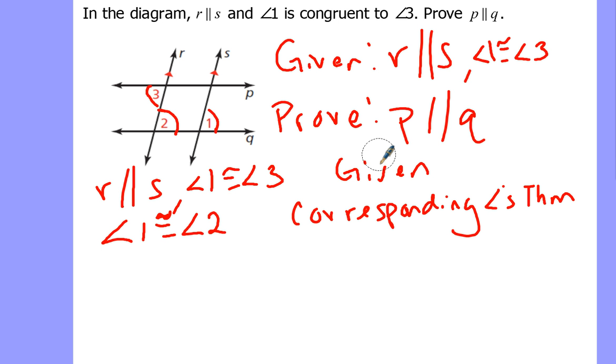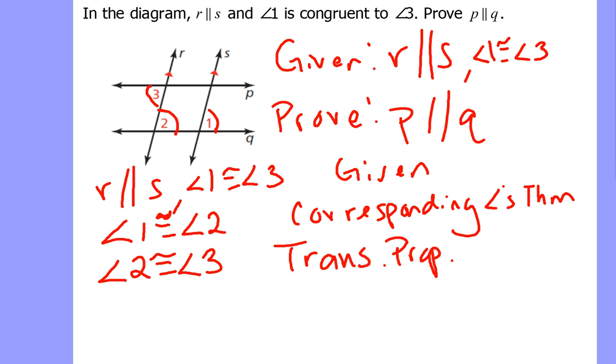Well, now take a look at what happens. Now 1 is congruent to 3 and 1 is congruent to 2. Well, if 1 is congruent to two different angles, that means that those two different angles must be congruent to one another. Then I can say that my transitive property of congruency makes 2 congruent to 3.